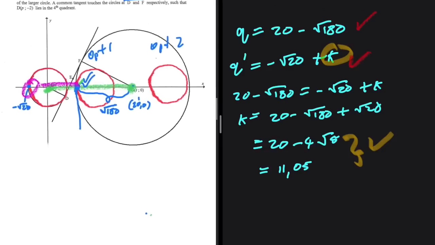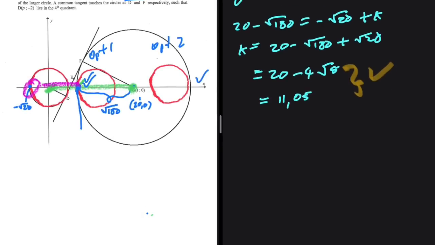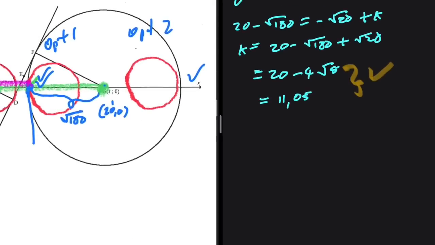Now let's look at the other case where they touch at this point. Let's find the x value at this point. Let's call it z. So z will be equal to the x value at the center, which is 20, plus the radius of the larger circle. So 20 plus square root of 180.